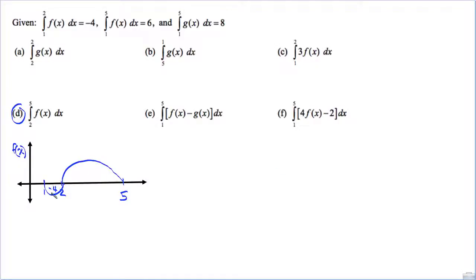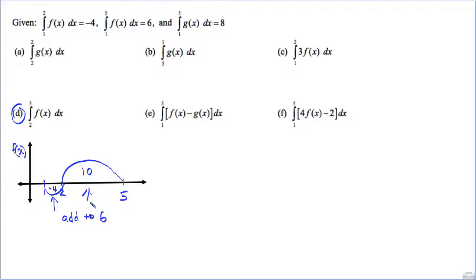We know that both of these, this thing and this thing, add to 6. And then the question for D is, what is 2 to 5? Well, if both of these add to 6, then this thing must be 10, because 10 plus -4 gives you 6. That's great and all.